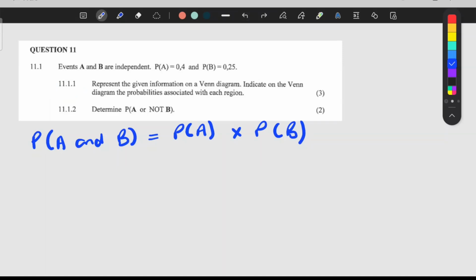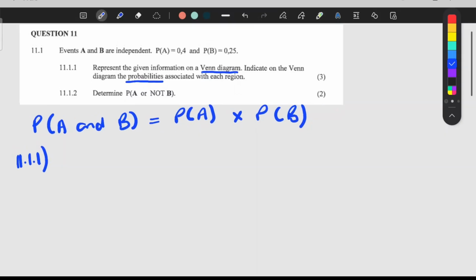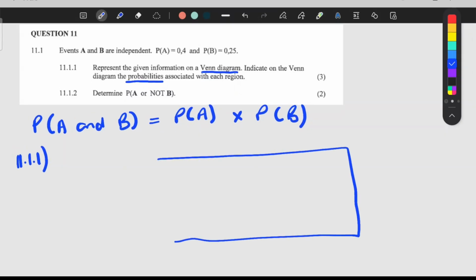Question 11.1.1: represent the information on a Venn diagram. Indicate on the Venn diagram the probabilities associated with each region. So it's two events, they are independent, so we're going to have two circles. We're quickly going to work out what P of A and B is.